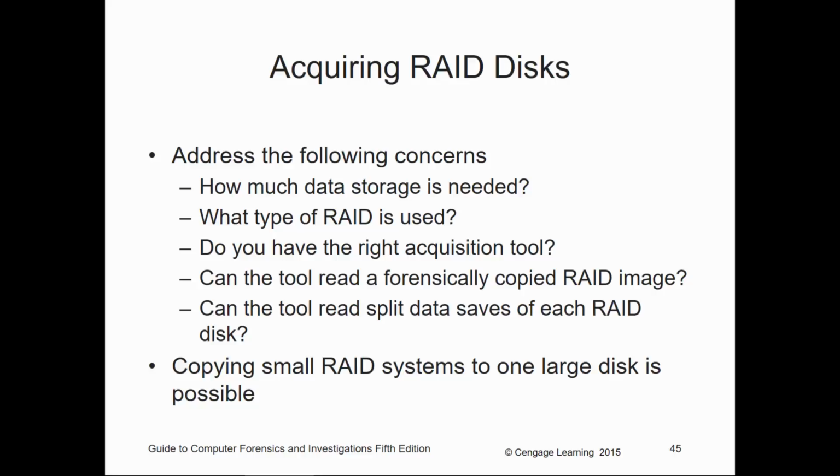Because of the large file size, can we actually split the data on multiple disks? Copying a small RAID system to one large disk is possible, but if we're talking about a 10 terabyte array being cloned to an 8 terabyte single disk, probably not going to happen.